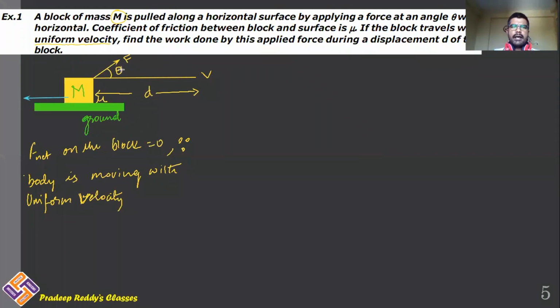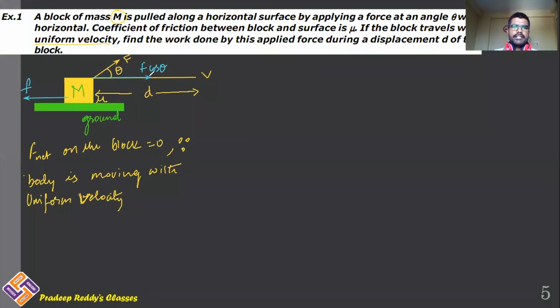One force is the applied force, which is making an angle theta, and the other force is the frictional force. The frictional force will be on the left side, and on the right side there is a force which is the component of the applied force, and that component I'm drawing here, and this is F cos theta.